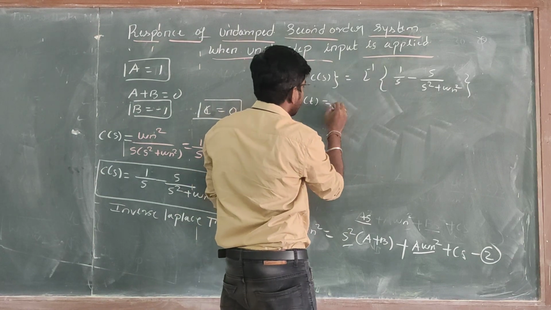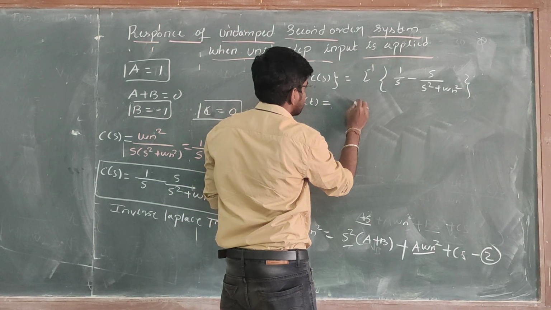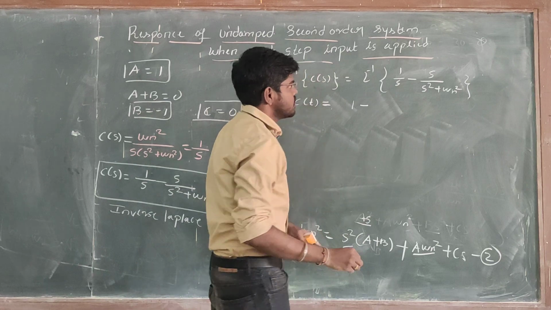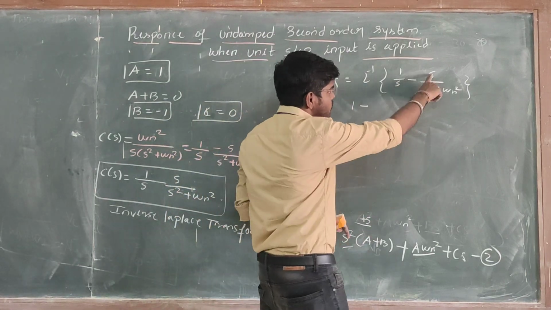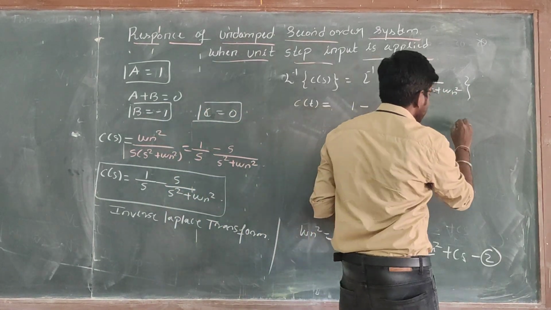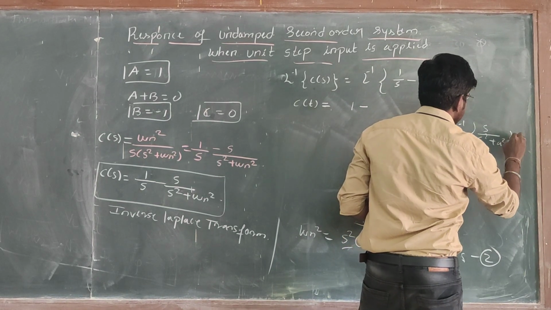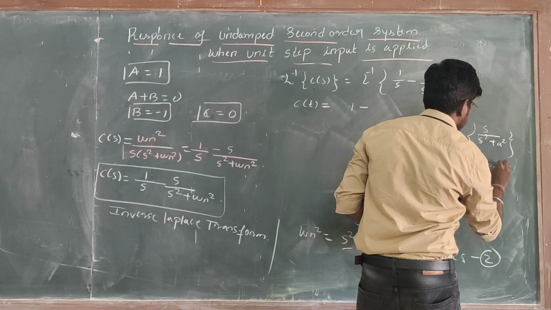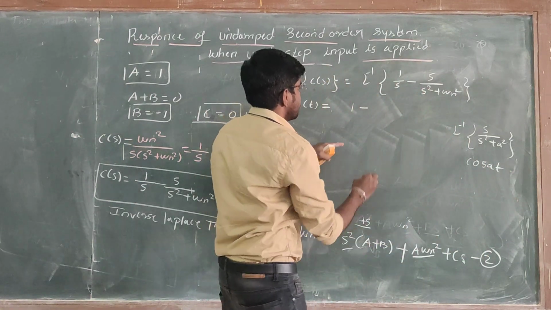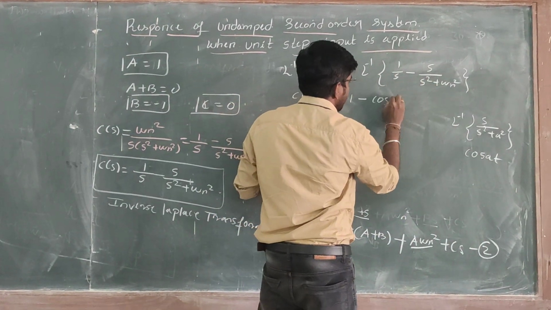Inverse Laplace transform of 1 by S is 1 minus inverse Laplace transform of S divided by S square plus omega n square. We know that inverse Laplace transform of S divided by S square plus A square is cos A t. Okay, so use this condition. So it will be cos of omega n into t.